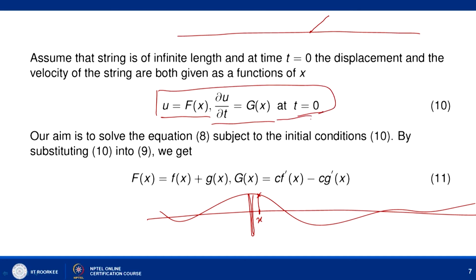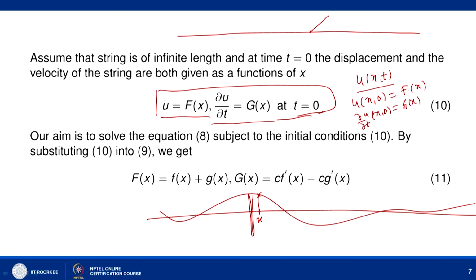Now we want to find a solution satisfying these initial conditions. So it means that you find your small f and small g in terms of capital F and capital G. So we already know that u is a function of x and t. So what is given here, that is u of x, 0 is capital F of x, and ∂u/∂t at x comma 0 is your G of x.